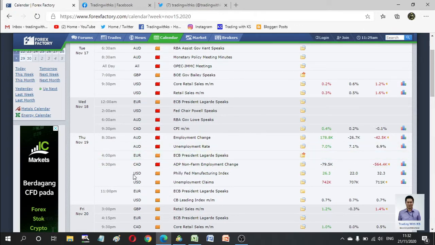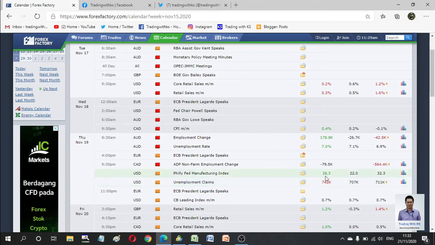And Thursday, USD. The Philadelphia manufacturing index actually went up. A good sentiment for the factories and manufacturing business. Unemployment claims went up again. It gradually went down, but then it went up on Thursday.